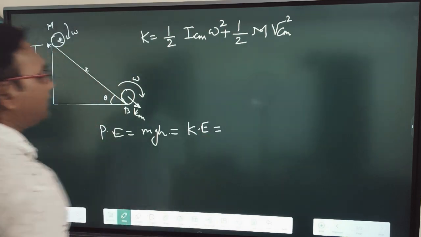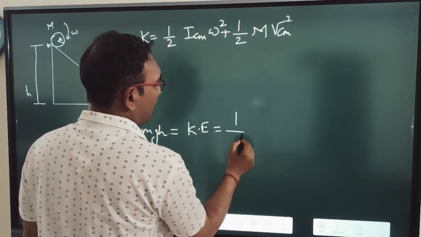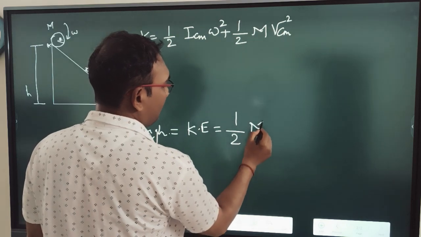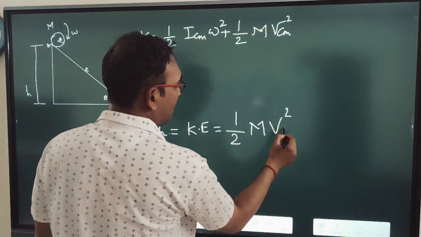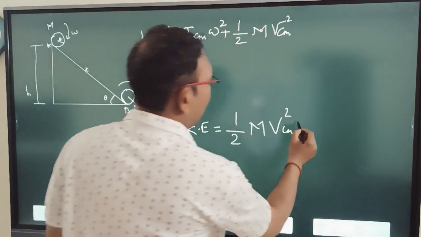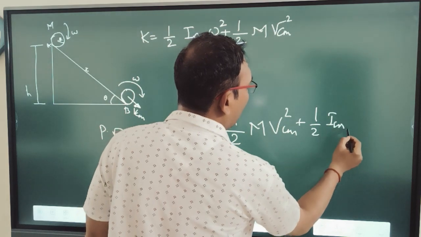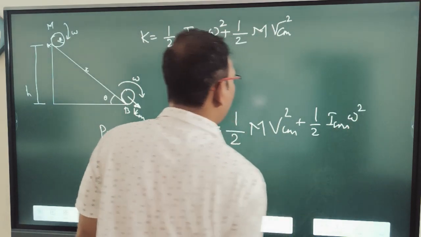And kinetic energy will have two components here. One due to linear motion, which I already explained, half m v squared cm, and the other due to rotation, half ICM omega square.